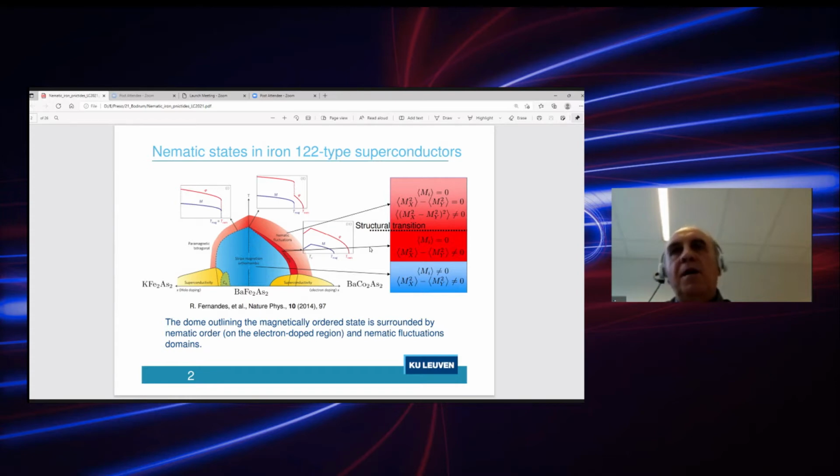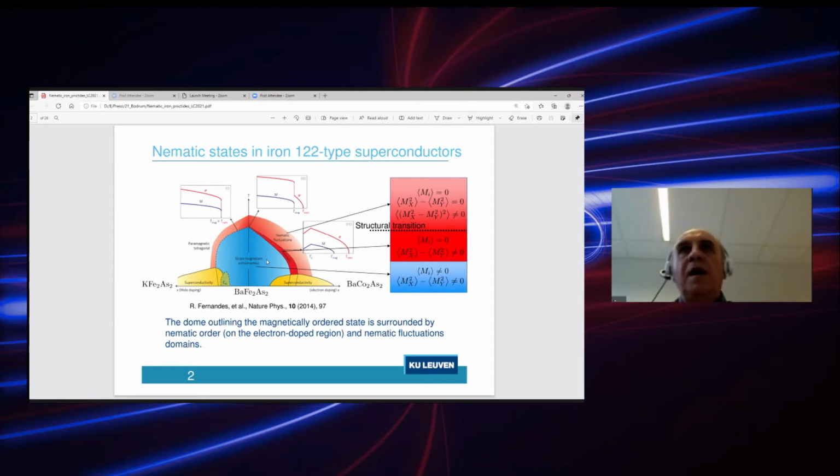It corresponds to the difference of average magnetization squared in the x and y directions, which is basically the difference in the susceptibility in the XX and YY components. So in this domain, we have broken this symmetry. This is the order parameter in the case of spin nematicity.